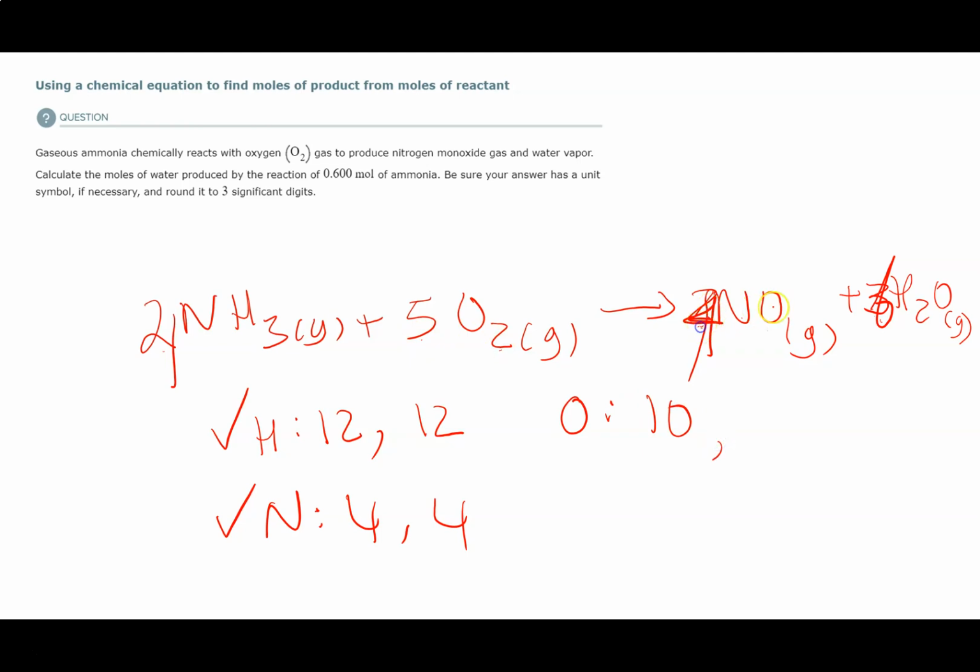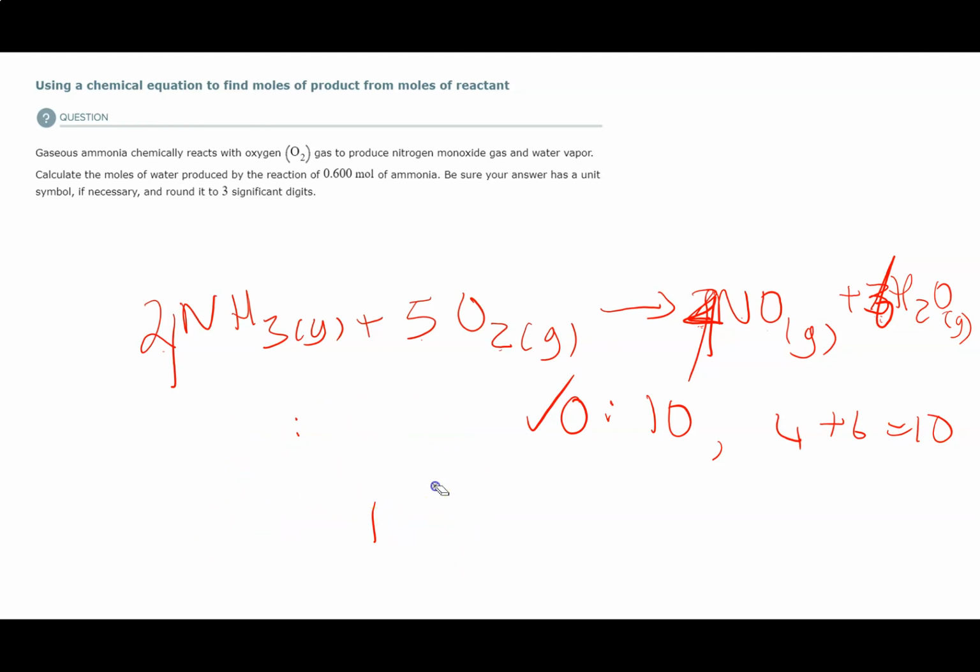And then over here I've got 4 times 1, so that's 4, and then I got another 6, so that also equals 10, so everything balances. So my coefficients here are going to be 4 moles of ammonia react with 5 moles of O2 to give 4 moles of NO and 6 moles of H2O.